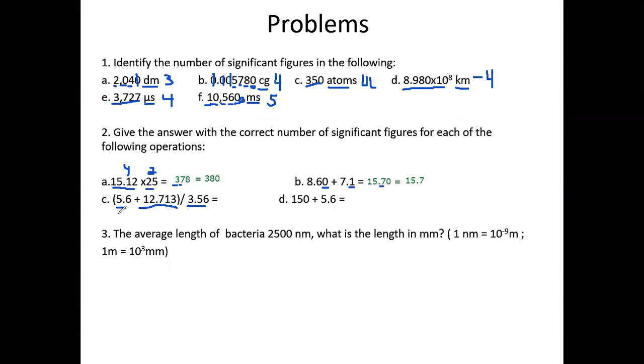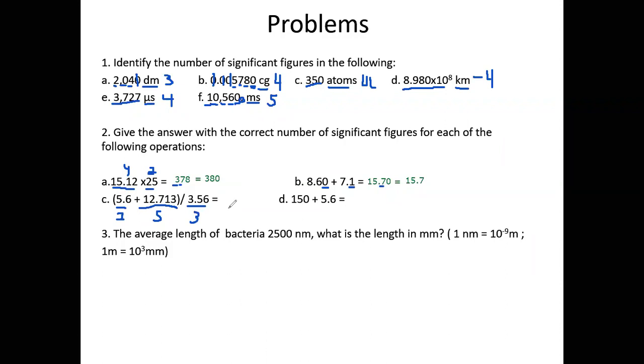So here this one has 2 significant figures, 5.6. 12.713 has 5, and 3.56 has 3. So even though there's addition and subtraction combined with multiplication and division, the final answer is based on the number in the operation with the fewest significant figures.